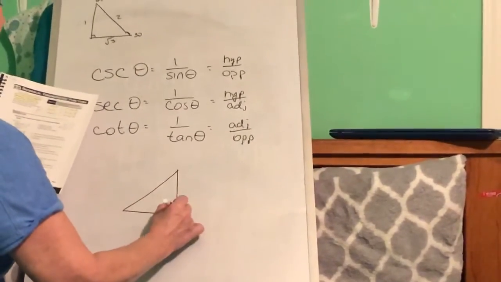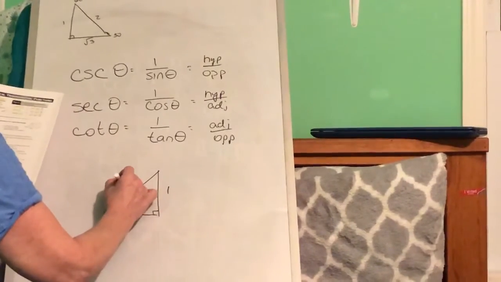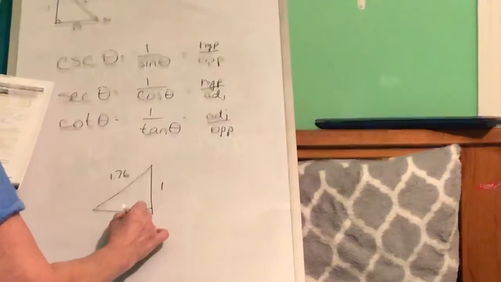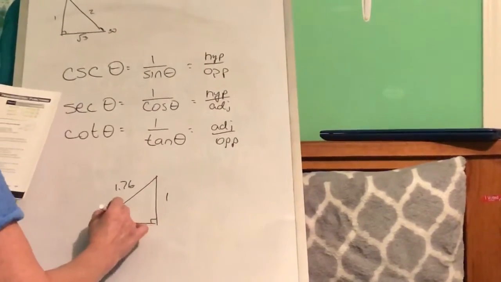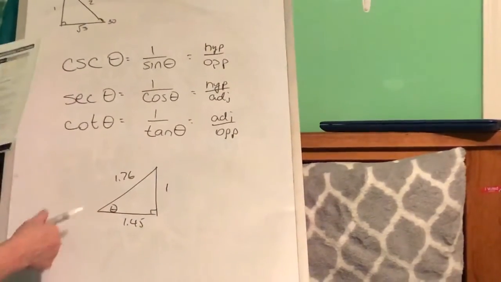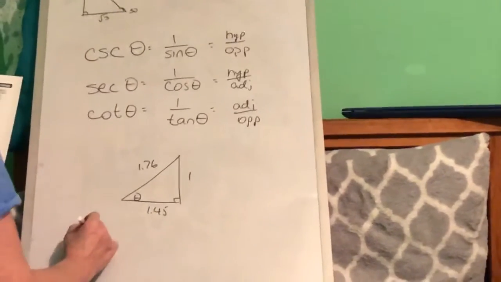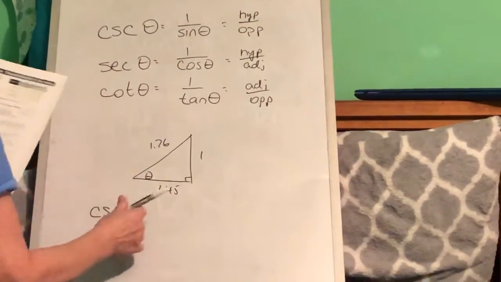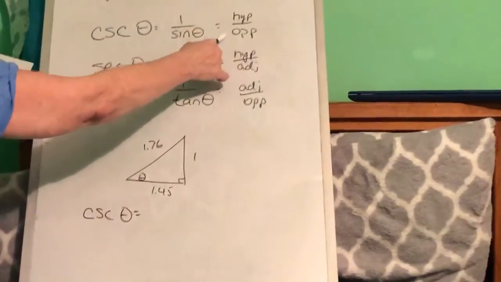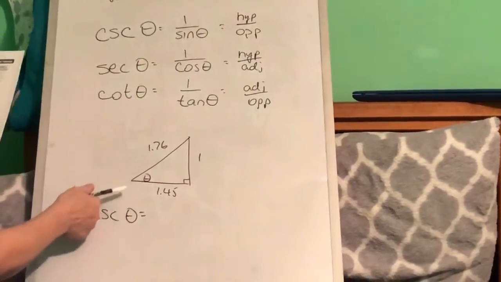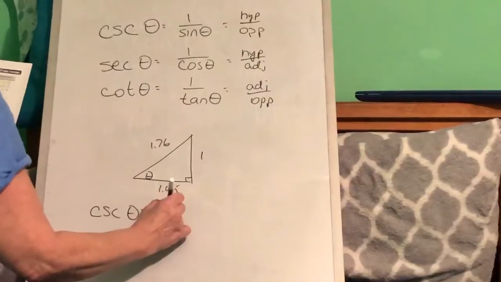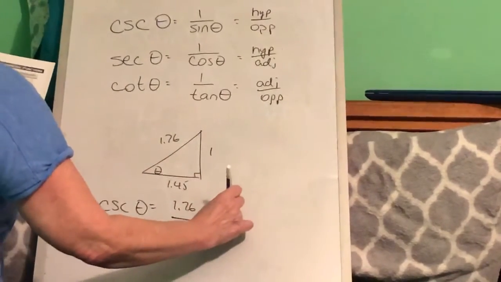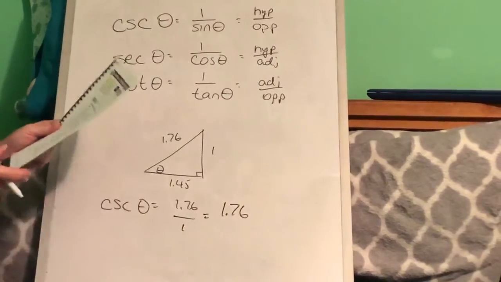Let's copy it down here. It's a right triangle. I have 1.76, I have 1.45, and we're looking for theta. Okay, so here the cosecant of theta, cosecant is hypotenuse over opposite, so the hypotenuse 1.76 over the opposite, and so on.